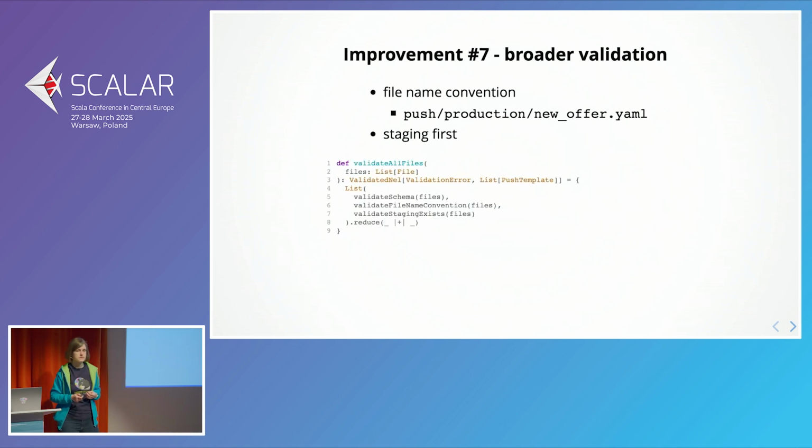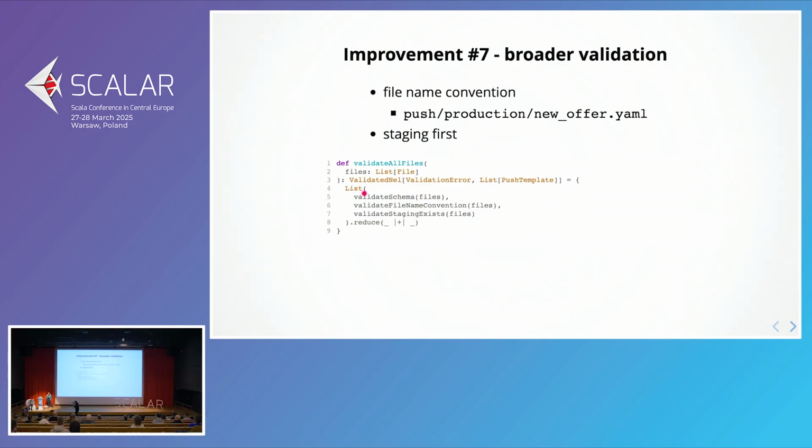So what we can do is we can keep using this validated non-empty list. And if we have several methods which do validation, each of them returns this validated non-empty list, then what is nice about Cats Validated is that you can then compose them. And this way, you compose more and more longer lists which contain all the errors that you have made.